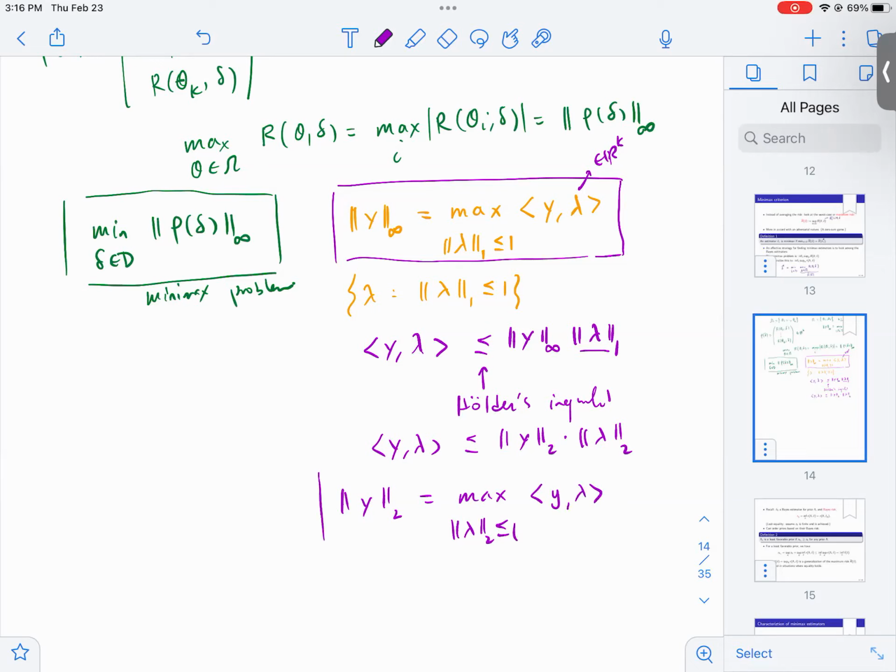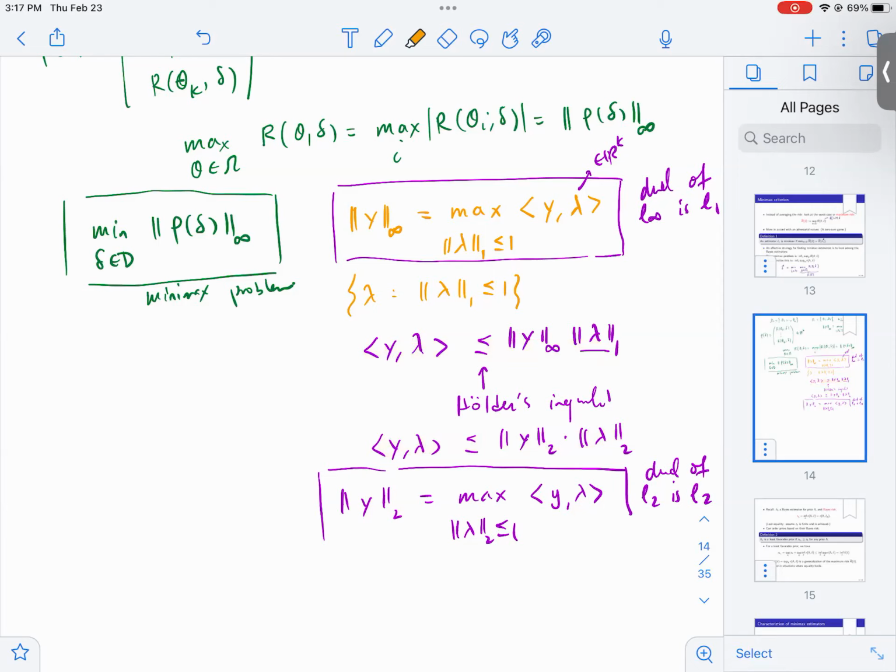So this shows that L2 is self-dual. So the dual of L2 is L2, the dual of L infinity is L1, and the dual of L1 is L infinity. The roles are symmetric, especially in these inequalities, as you can see.